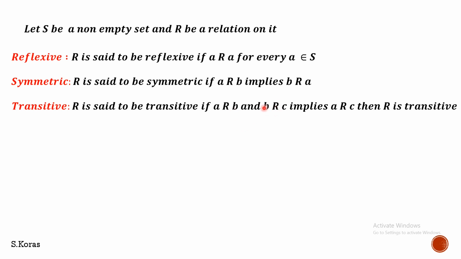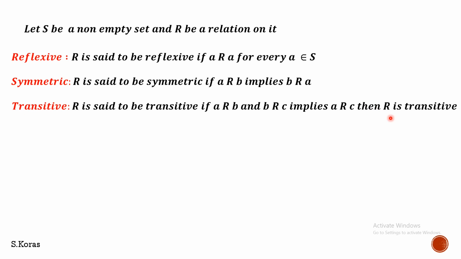Don't worry about the a element as well as the c element, only the linking element. So if there are two elements like this, a is related to b and b is related to c, the ending element and the beginning element are same, then there must be an element (a, c) in that same relation R. If you find an element like that, then we can say that R is transitive.